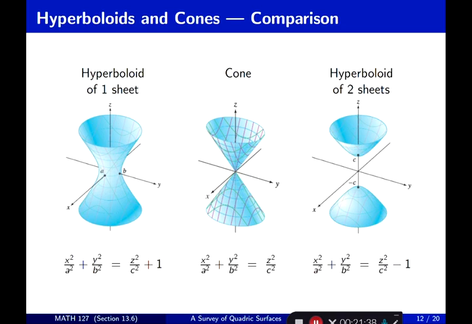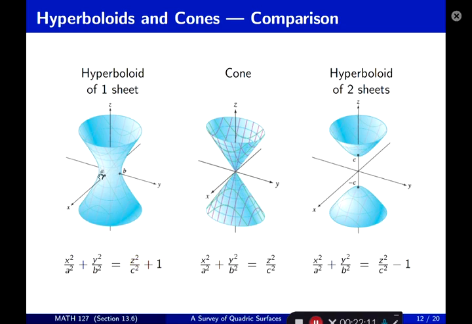Hyperboloid of 1 sheet, cone, hyperboloid of 2 sheets. One easy way to recognize them, if you don't want to memorize the formula for it, is that if I set z equal to a constant for the hyperboloid of 1 sheet, for every constant I get an xy value.